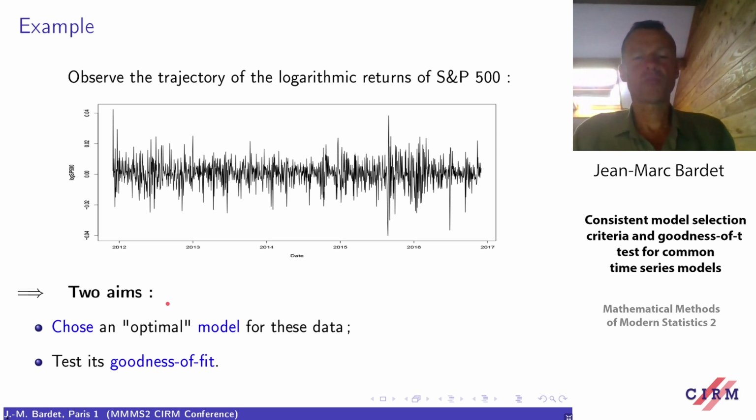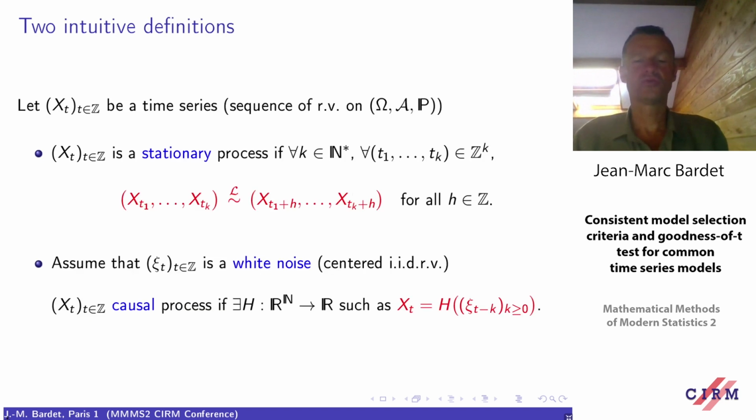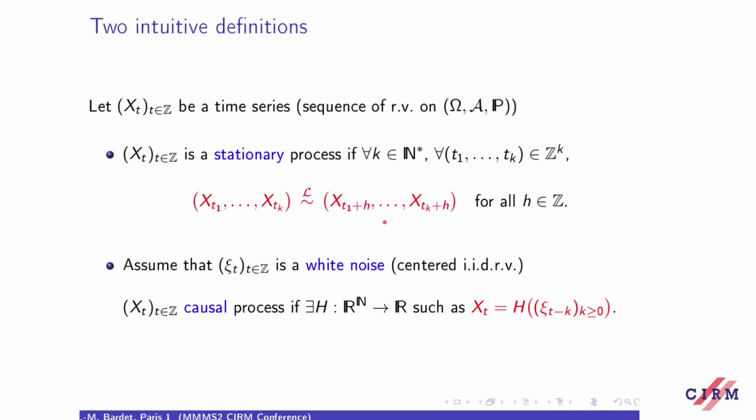Okay, so to be more precise, I will go back to very well-known definitions. The first one is the stationary property. If we consider a time series, which is a sequence of random variables on a same probability space, we will say that Xt is a stationary process. Stationary here is the strict notion of stationarity.